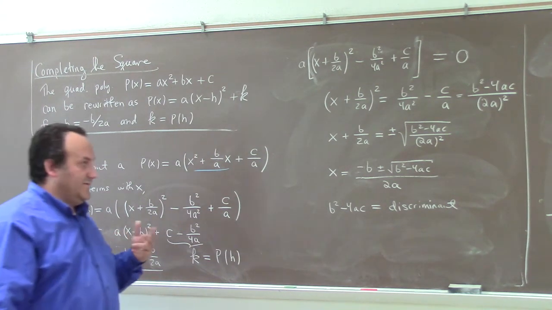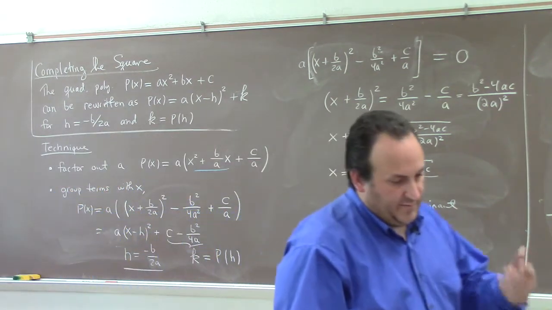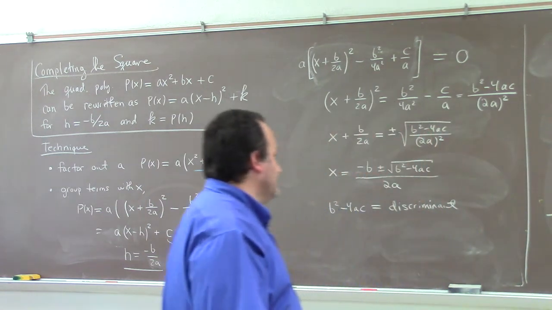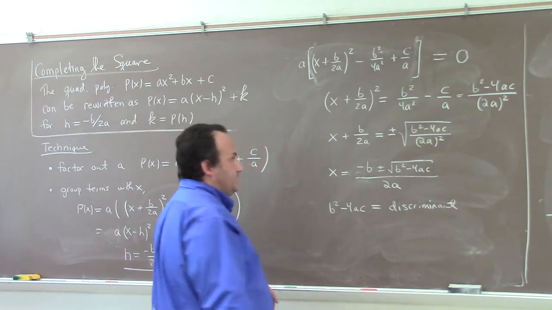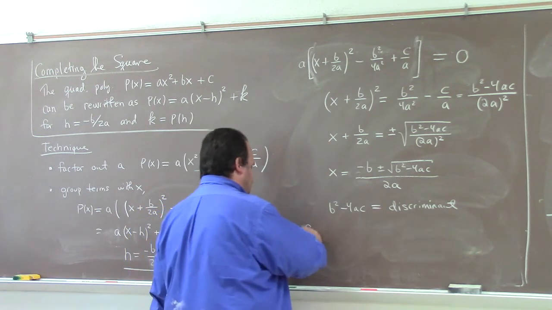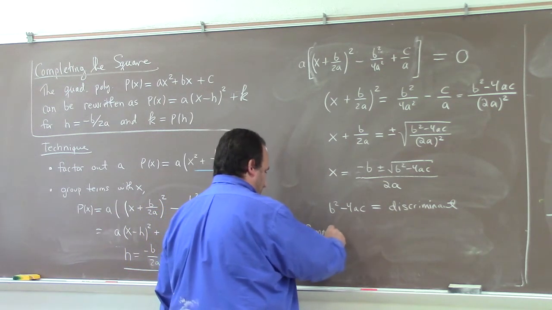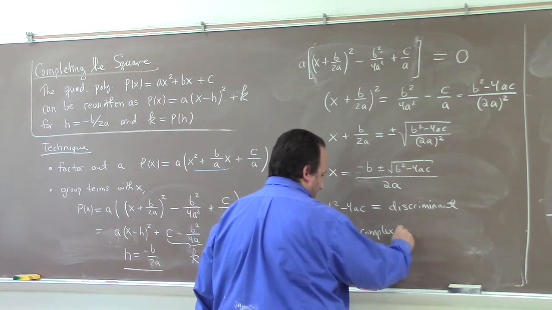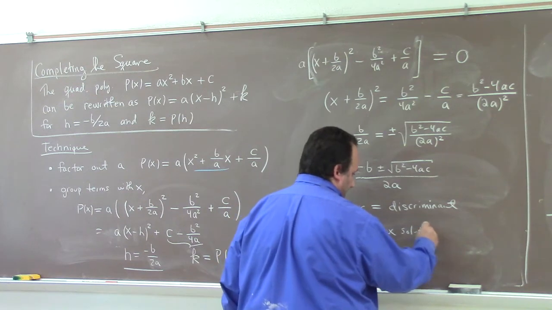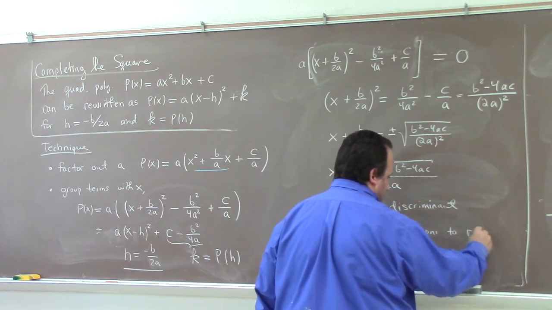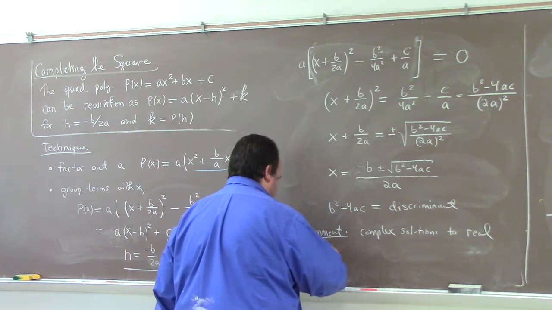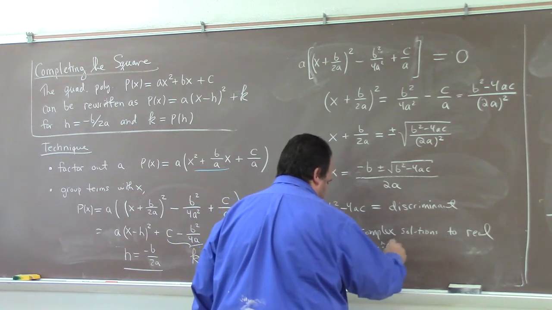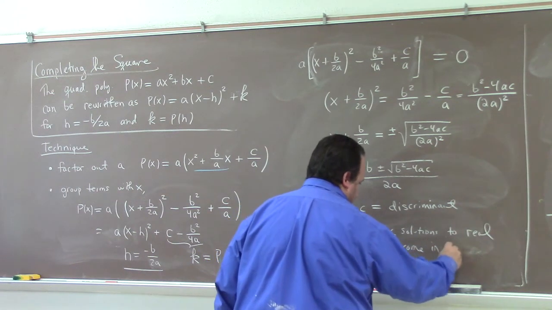Now, I have this all written out carefully at the top of my page 44. So, a comment: complex solutions to real polynomial equations come in conjugate pairs.